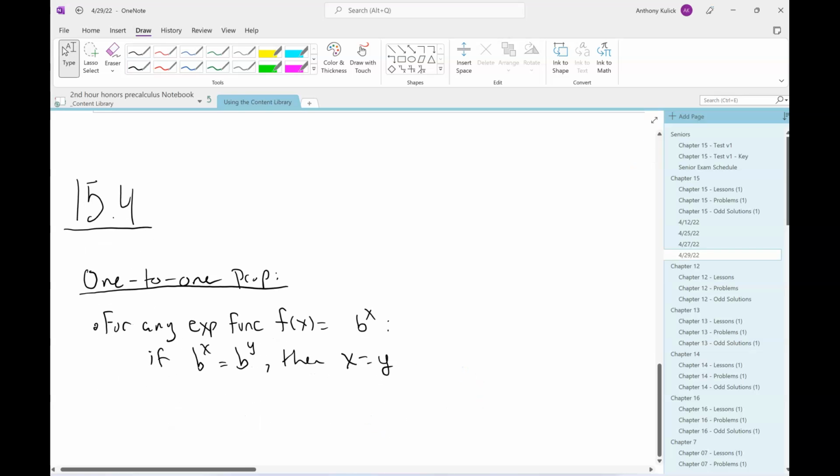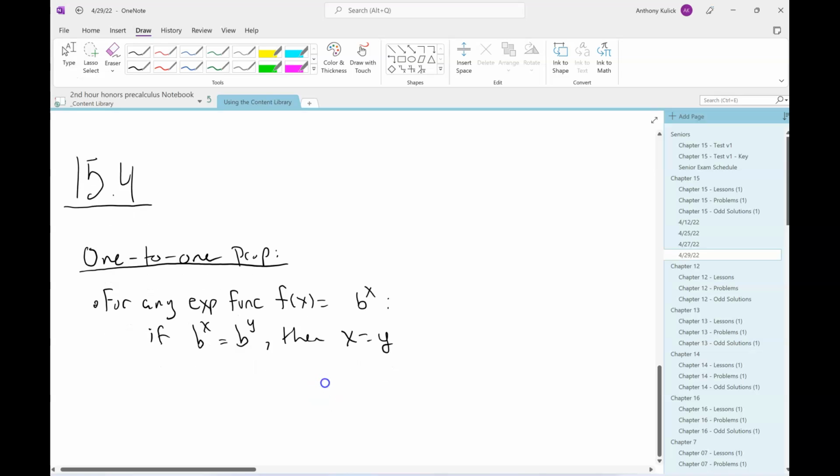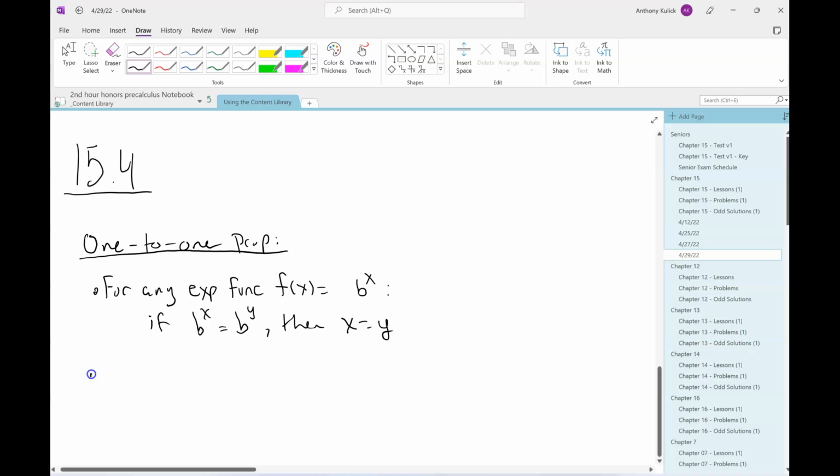We're going to say that if we have two exponentials that have equal bases and are equal to each other, then the exponents have to be equal. Which intuitively is super common sense, right? Like if 2 to the third equals 2 to the x, x has to be 3.